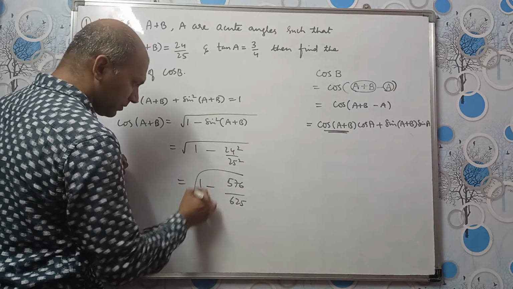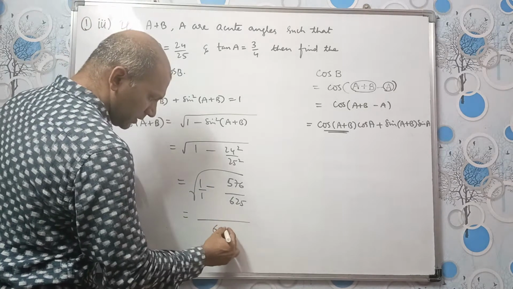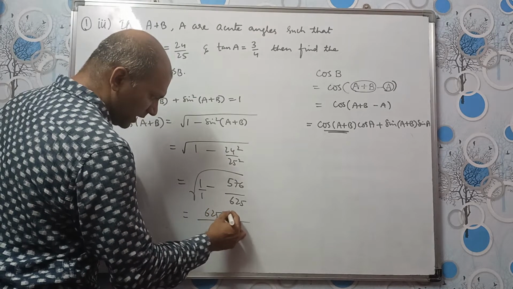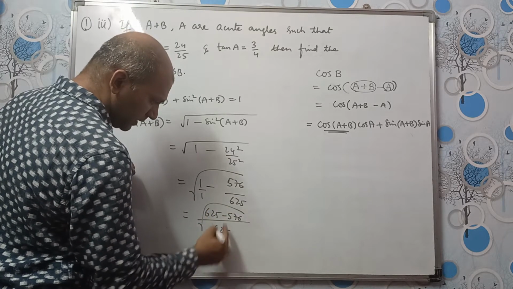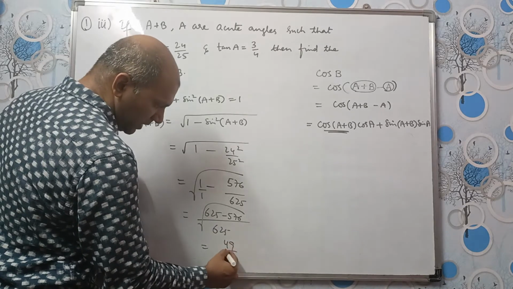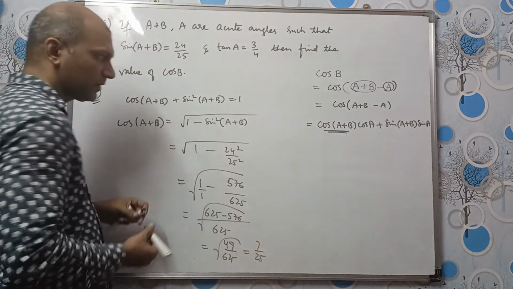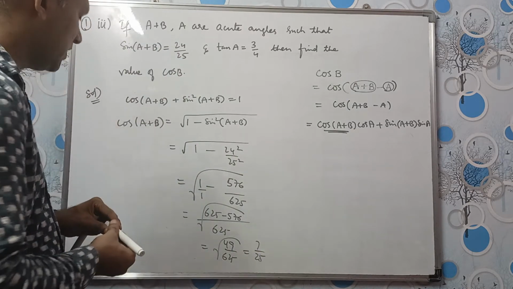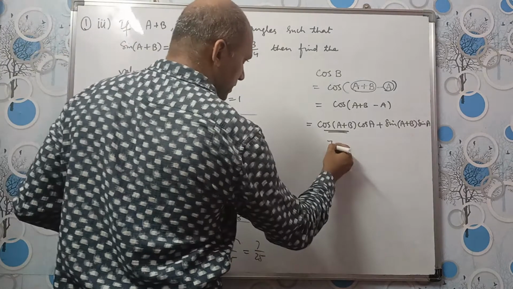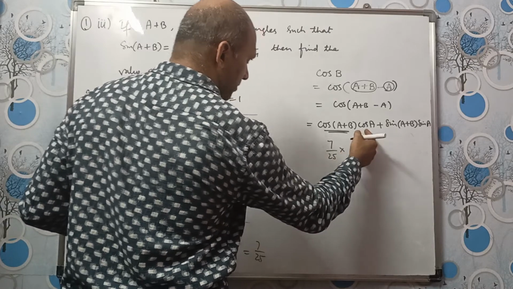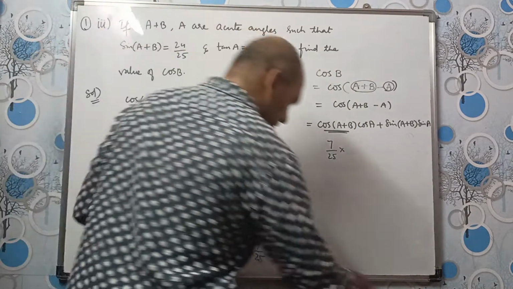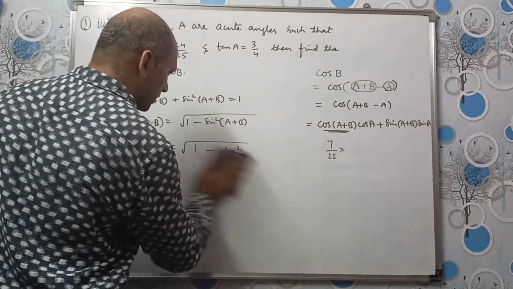So this is 1. Okay. 625 minus 576, 49 by 625. 49 is 7 by 25. Okay. So this is 7 by 25 multiplied by cos A. Let us find out cos A. Okay.